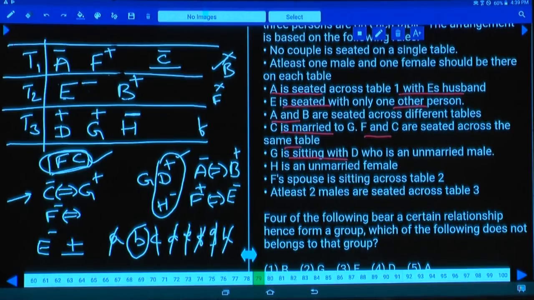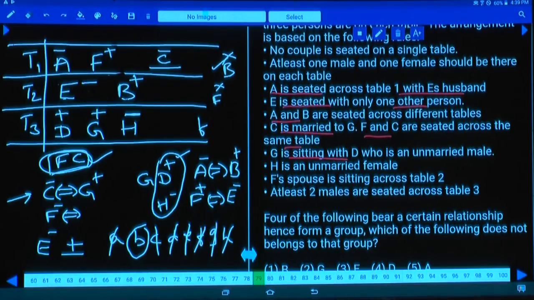On the second table, E female, B male. And on the third one, D, G and H. D and G are males and H is a female. Out of which D is an unmarried male, H is an unmarried female. And this is how these 8 persons were seated across these 3 tables. Done with this?